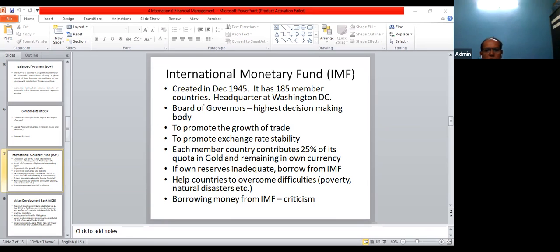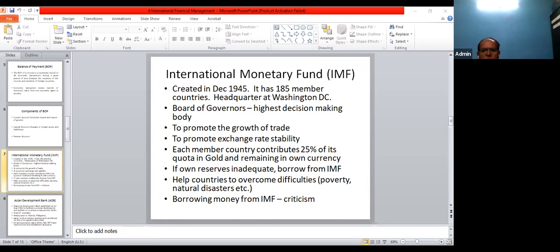Now, if own reserves are inadequate, for example, suppose a particular country, say B, does not have sufficient money but wants to become a member of the IMF. So what was the solution given? If own reserves are inadequate, then borrow from the IMF, and then you become a member of the IMF.